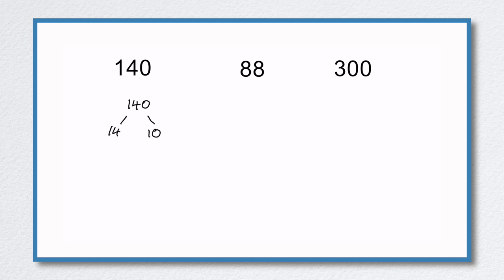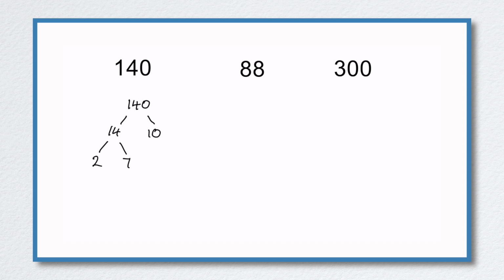You could have divided it by 2 and ended up with 2 and 70, but that's how I've done it. Well, 14 and 10 are both factors of 140, but neither of these numbers are prime factors. So I need to break these numbers down further. I know from my multiplication tables that 14 is 2 and 7.